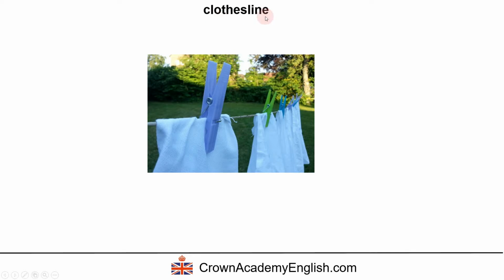And clothesline. You'll sometimes hear someone call this a washing line, but when we say clothesline, it's usually all one word. Sometimes you might see it as two words, but it's usually one word. So this is the clothesline, and this is called a clothes peg.